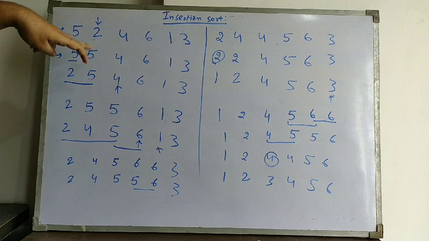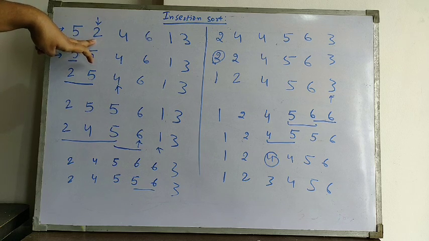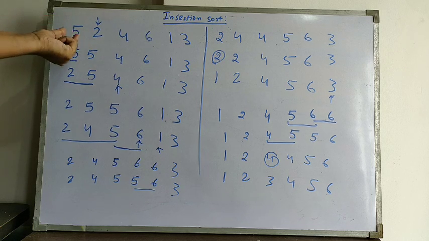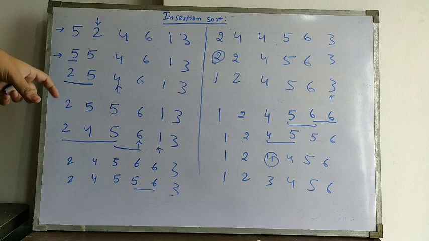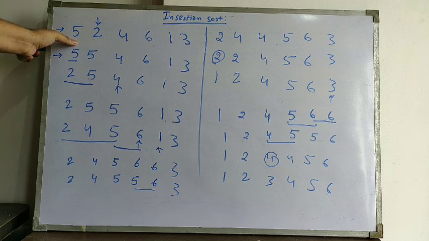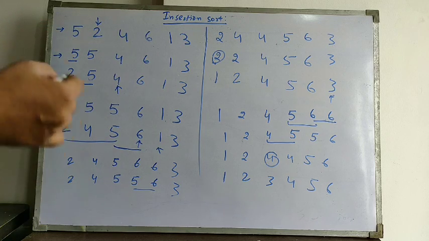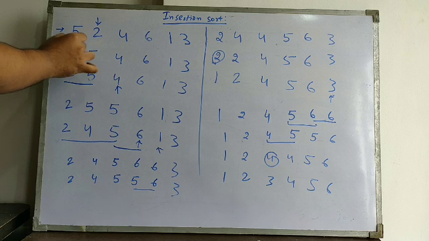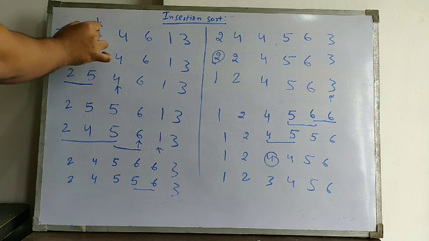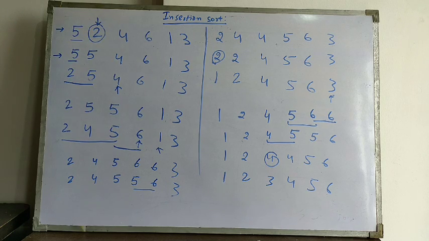Now the idea of insertion sort is to put your current element into its exact position in the already sorted array. The size of the already sorted array is 1 and I am going to add a new element into it, so I need to create one place for it.